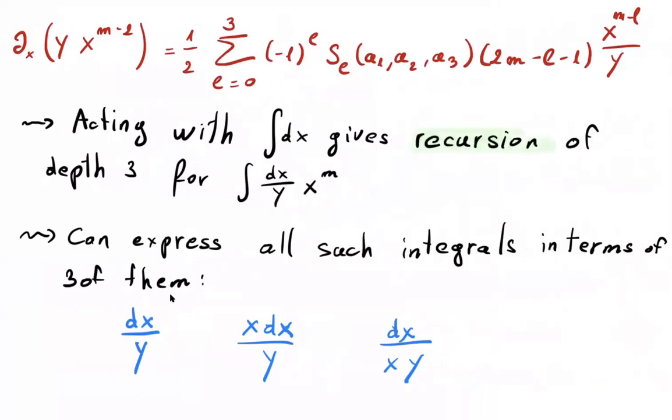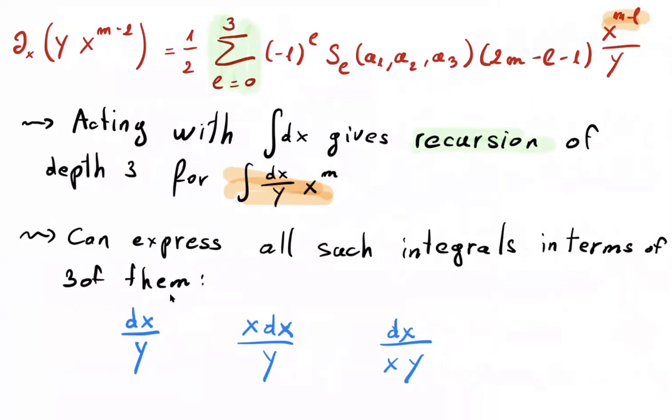Well, the left-hand side will be a simple object equal to the sum of these 4 integrals for different powers of the exponent of x. So in other words, I get a recursion for these integrals of the type dx over y times powers of x.